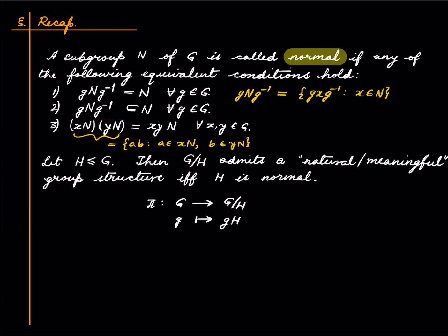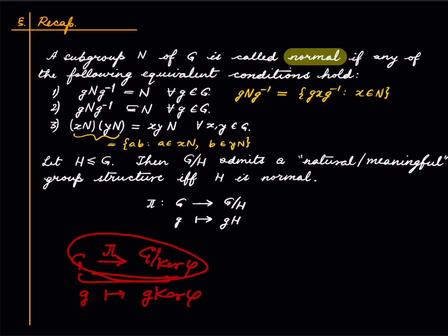And finally, the reason for doing all this was to generalize the behavior of the kernel. So the kernel of a group homomorphism had the property that G mod kernel admitted a natural group structure, natural in the sense that this projection map, which takes G to the corresponding coset of the kernel, becomes a group homomorphism.